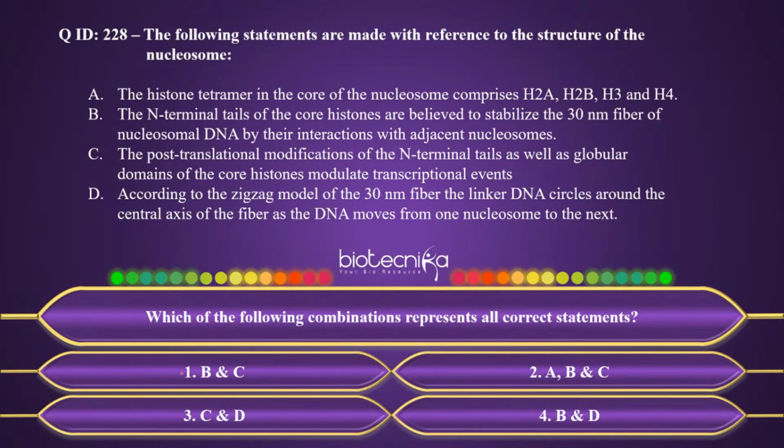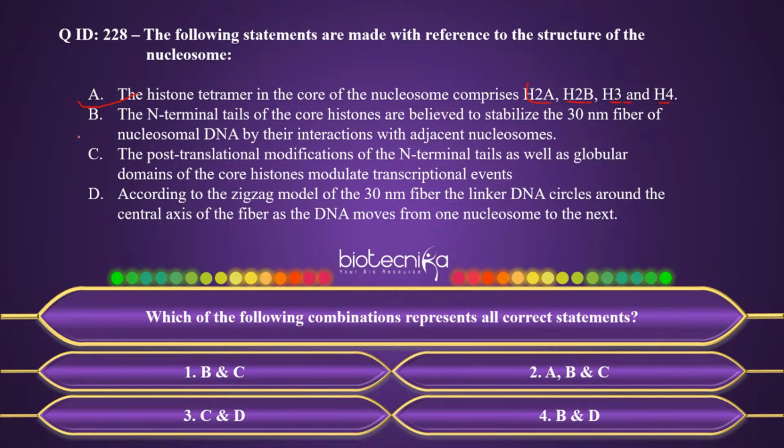So for this question, option 1 is the correct one. The histone tetramer in the core of the nucleosome comprises H2A, H2B, H3, and H4, and all of these core histone proteins are present in dimeric form, right?